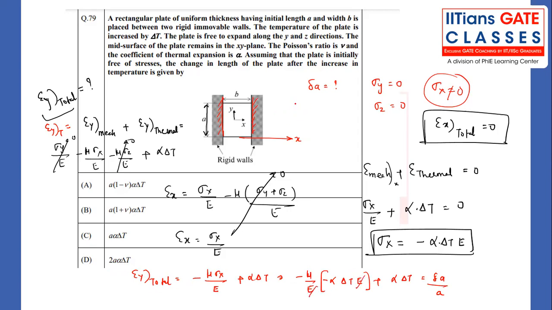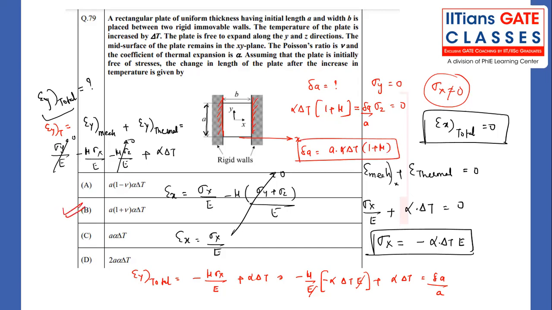So I get alpha into delta T into (1 plus mu), equal to delta A divided by A. So delta A is A into alpha into delta T into (1 plus mu).